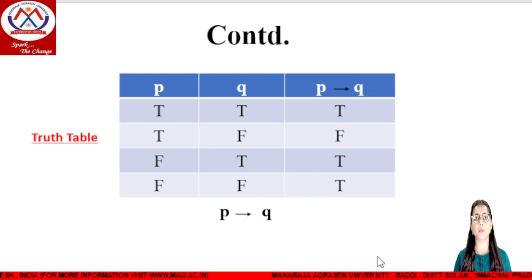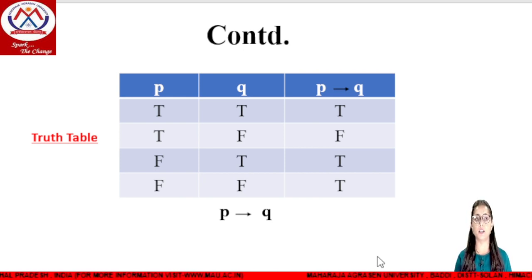See the truth table for the conditional statement. Again we have four possible cases. In column 1, we have statement P. In column 2, we have statement Q, and we will take its conditional, P implies Q. In the first row, statement P is true, statement Q is true, and its implication is also true. In the second row, statement P is true, statement Q is false, then P implies Q is false, because the first statement is true and the second is false.